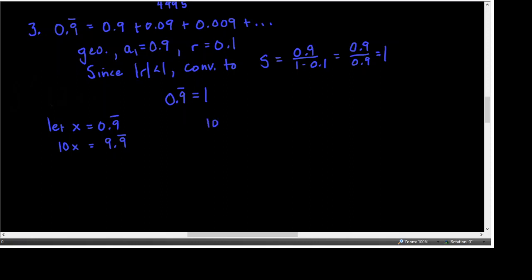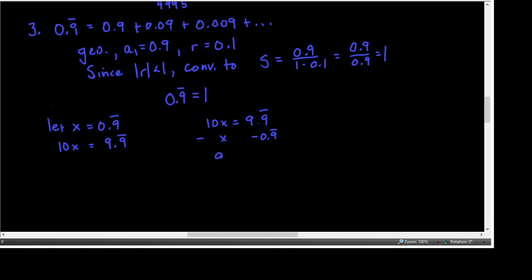And if I take this equation, I can always subtract whatever I want from both sides. I want to subtract x from both sides. But on the right side, instead of subtracting x, I want to subtract something that's the same thing as x, which means I'm going to subtract 0.9 repeating from both sides.